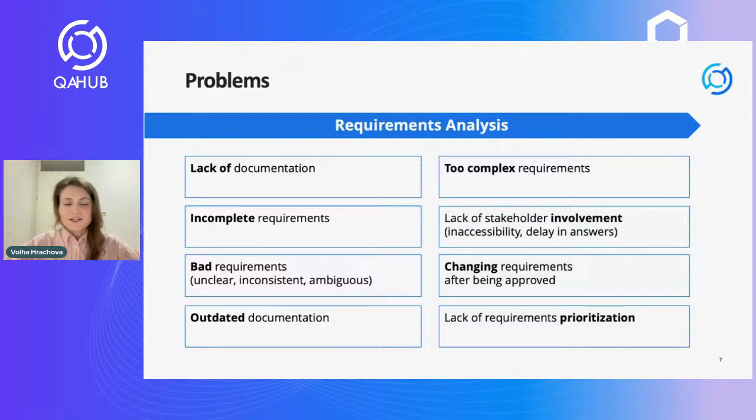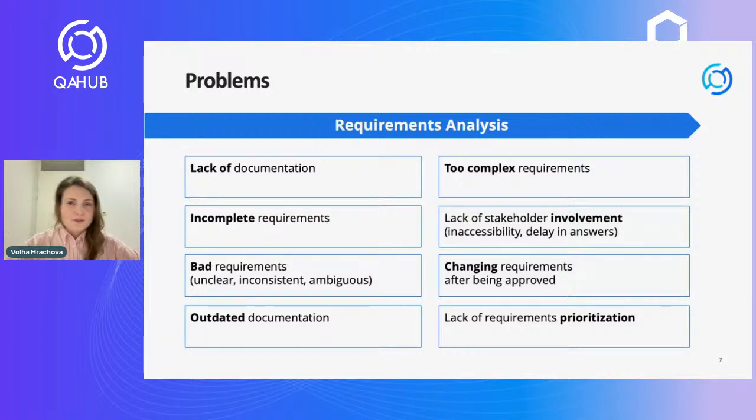First of all is lack of documentation. So it means that we don't have any requirements, which is obviously an issue. But except for this, we may have a problem when we have requirements, but they are not complete, or there is not enough information. Another situation is when we have documentation, but it is outdated, so we cannot rely on it.